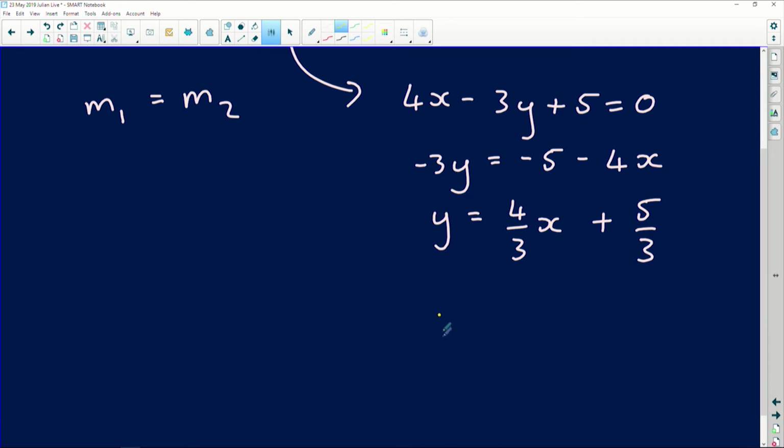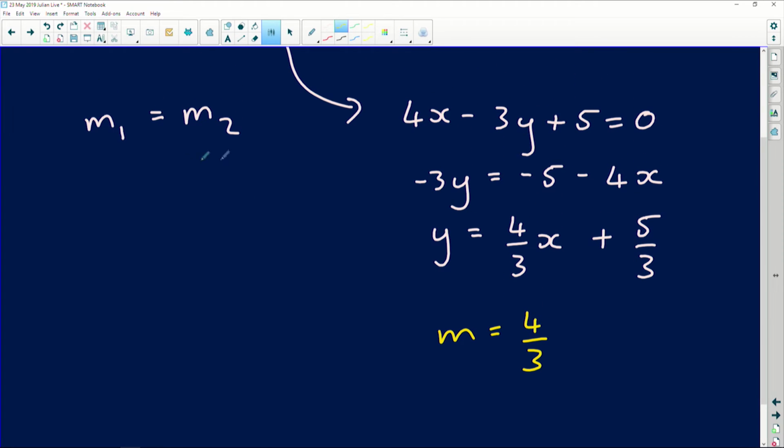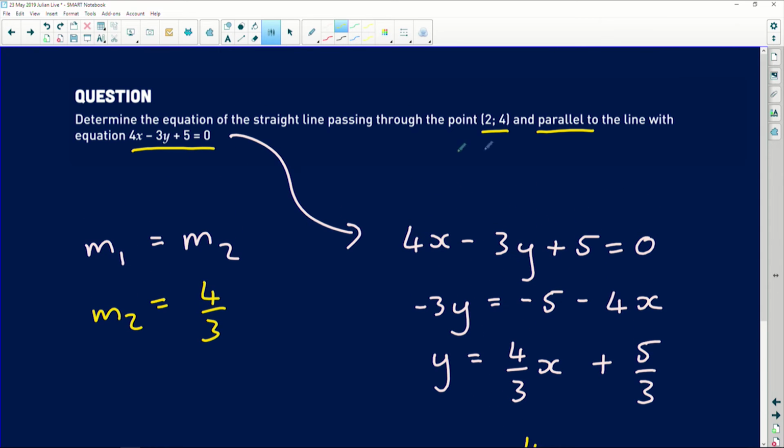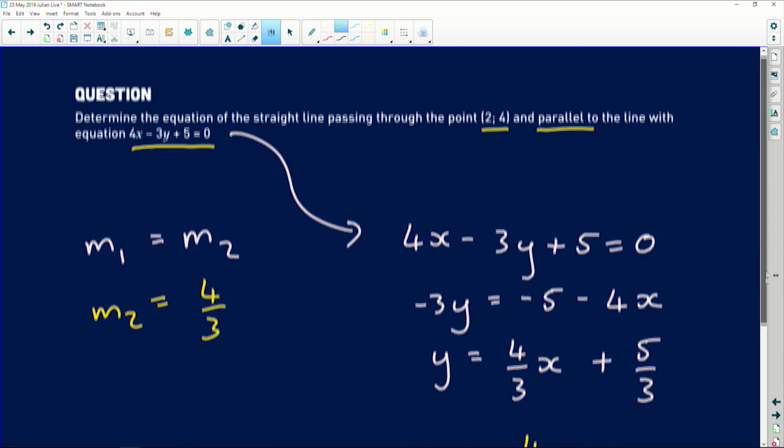So I know already that the gradient of my other line is equal to 4 over 3. So I can say m is equal to 4 over 3, and that means that the gradient of my line, m2, is also going to equal 4 over 3. So guys, the next part says that it is parallel, but it goes through the point (2, 4).